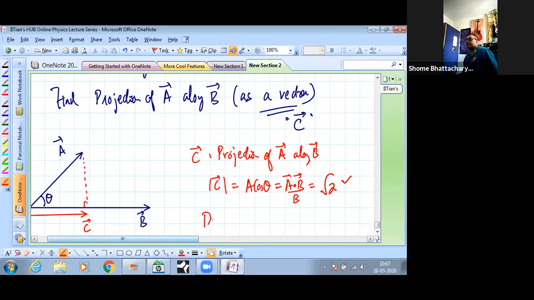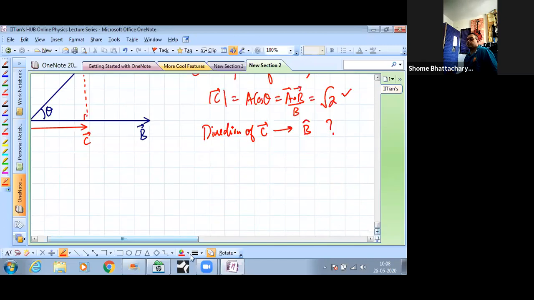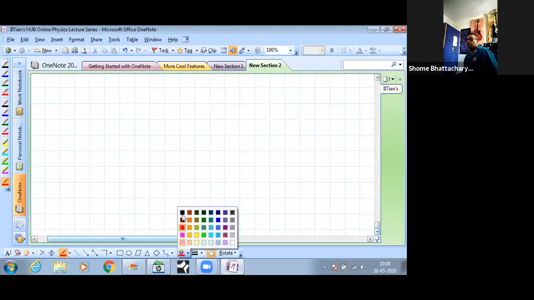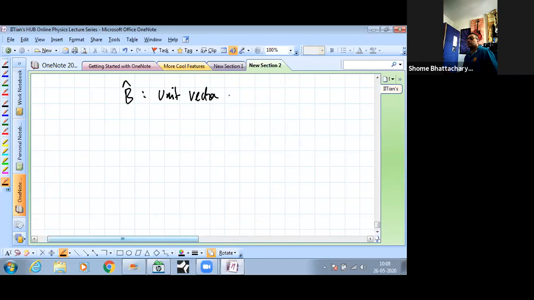But what about direction? The direction of C is given by B cap, that is a unit vector along B. So B cap is a unit vector along the vector B, which was 2I cap plus 2J cap. So how to find B cap? Divide the given vector B by its own magnitude.